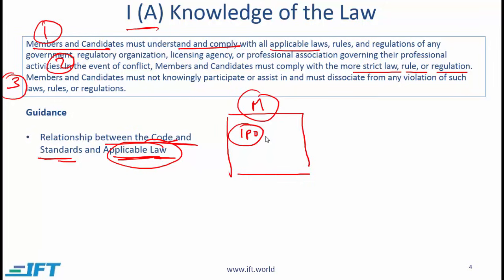If the law in Malaysia says that investment advisors should not be participating in IPOs, whereas the code and standards does allow participation in IPOs given certain circumstances, then the stricter interpretation must be taken. In other words, you need to follow the applicable law.